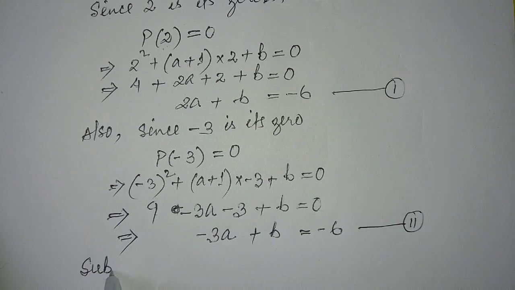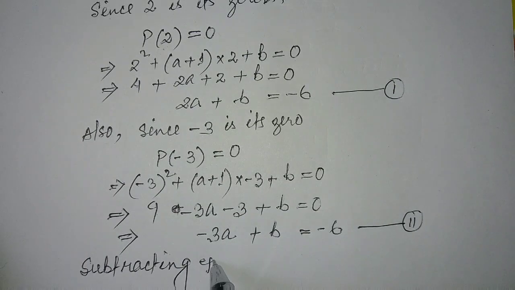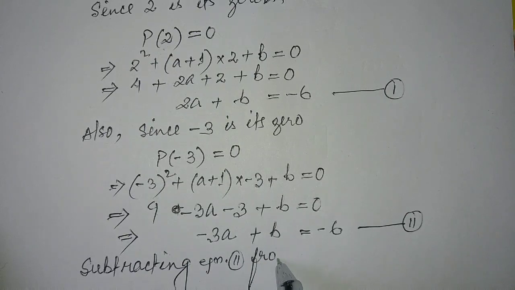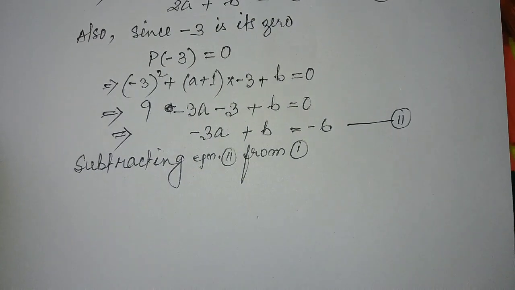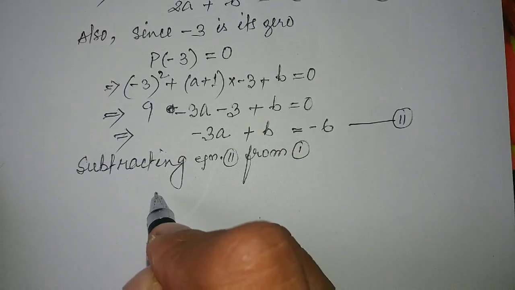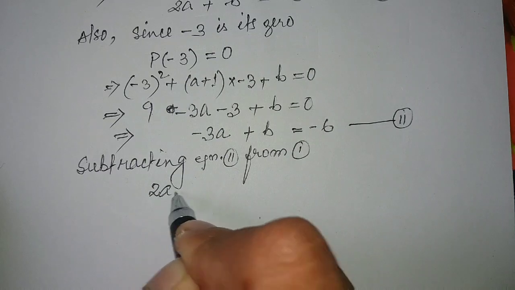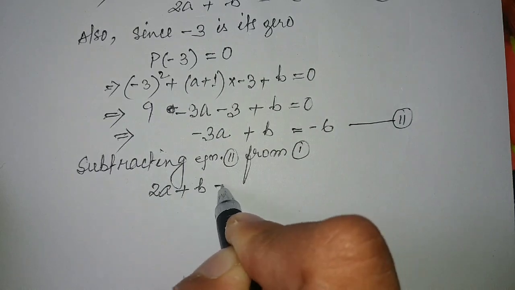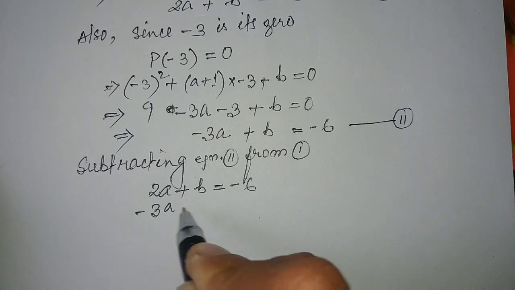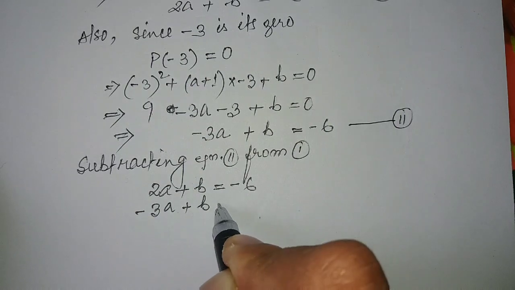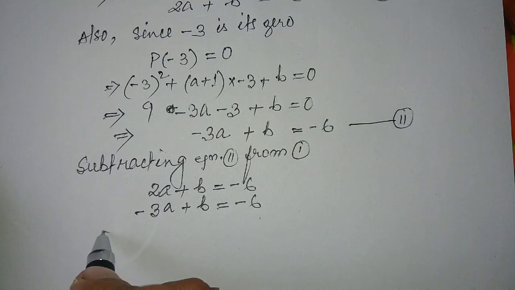Subtracting equation 2 from 1, we have here 2a plus b equal to minus 6, minus 3a plus b equal to minus 6.